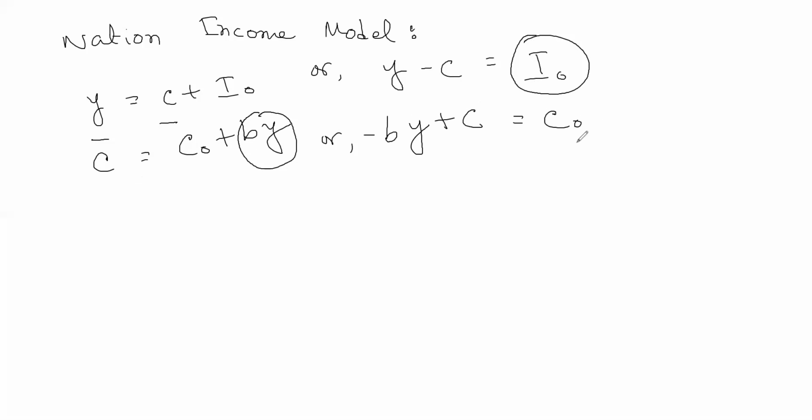So here I naught and C naught are the values which are already given. These are constants and regarded as the vector of constants. So that means Y and C are the variables that we need to solve for.